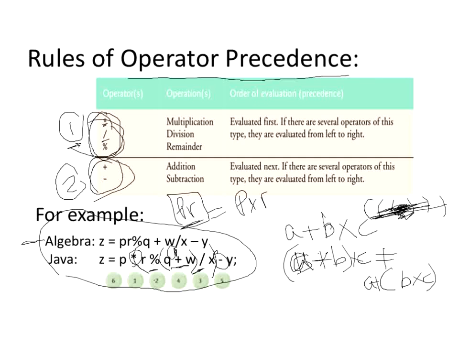If you have an equation with remainder, then division, then multiplication, you do the remainder first, the division second, and the multiplication third.